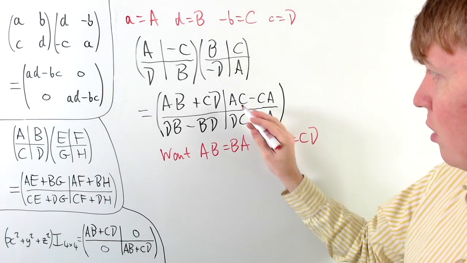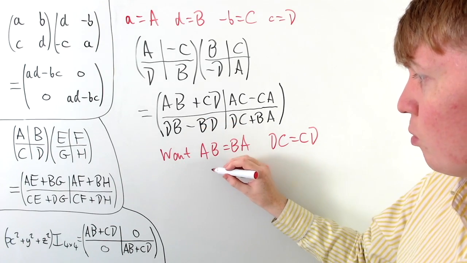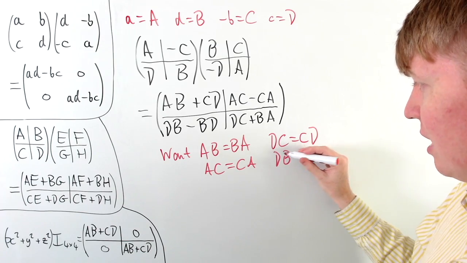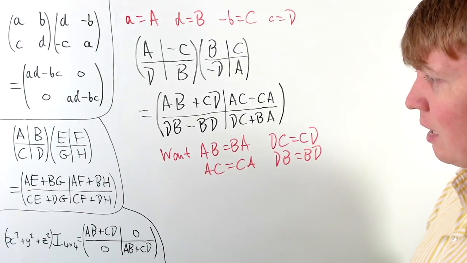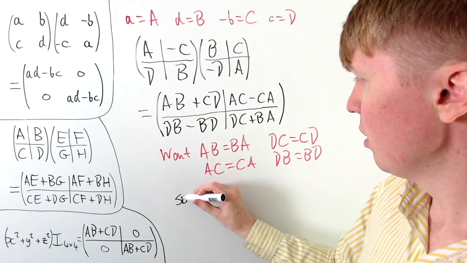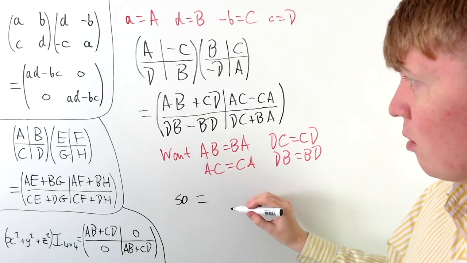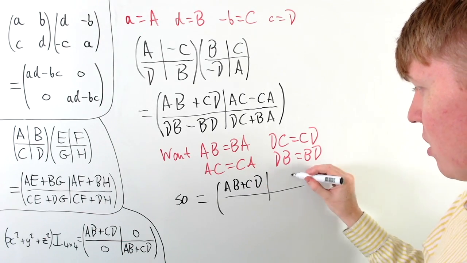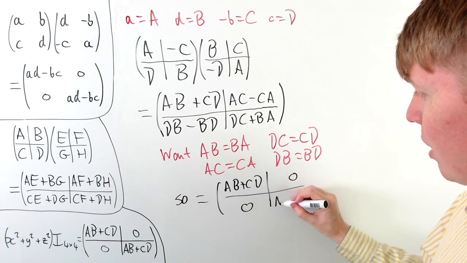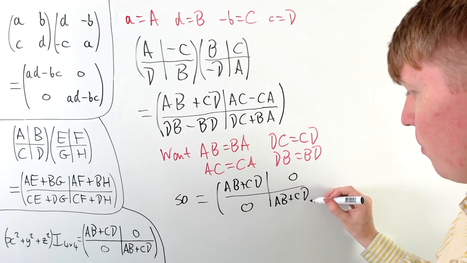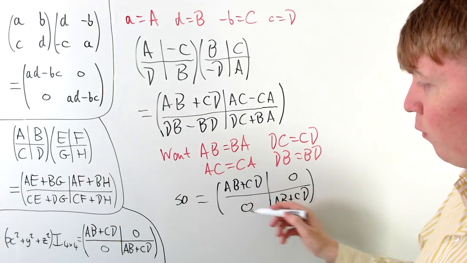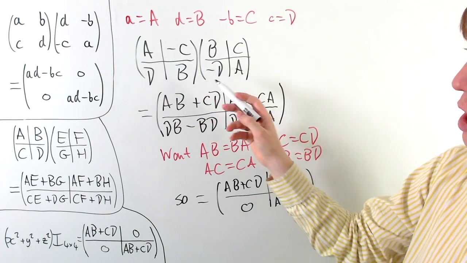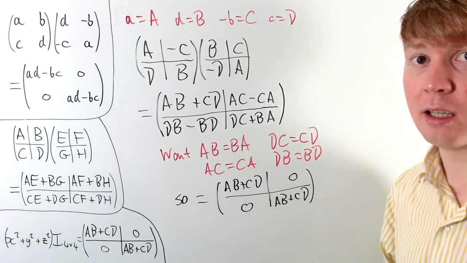And finally, for the top right and bottom left entries to both be equal to 0, we also need AC equals CA, and we need DB equals BD. So we want all of this so that our matrix is then equal to AB plus CD times the identity. Then we do have the zeros if this is all true, and we would have AB plus CD in the bottom right as well. So then we could factorise our intended matrix as A, negative C, D, B, times B, C, negative D, A, like so.